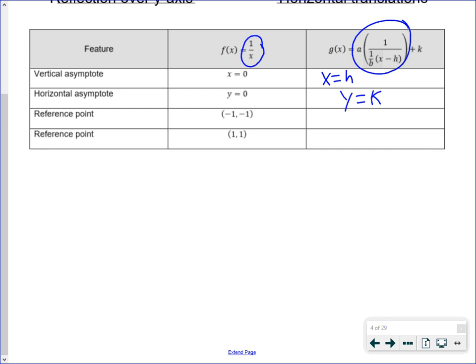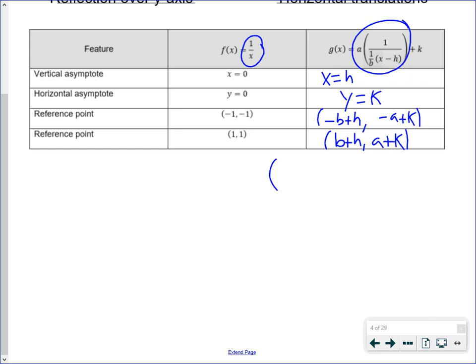So next, we're going to see our reference points. For our reference points, you could just memorize that our reference point negative 1 will be negative b plus h, comma, negative a plus k. And our reference point 1 will be b plus h, comma, a plus k. You could memorize both of these individually. I personally don't recommend it.